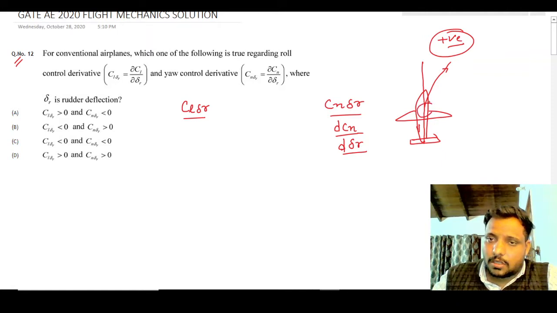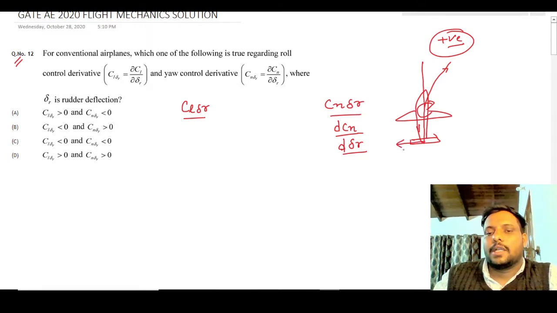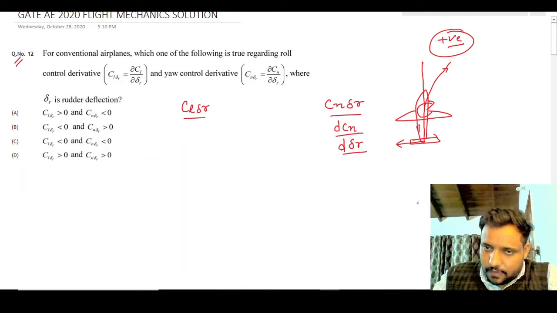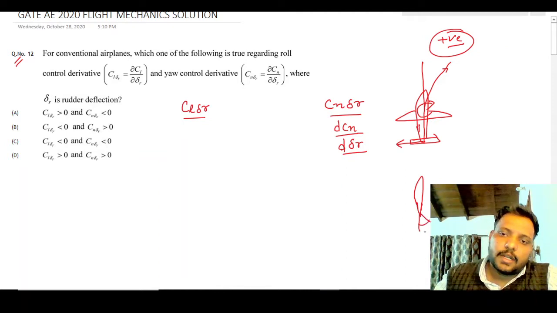So this will be the yawing moment to move the airplane in this direction. To generate this yawing moment, there will be a side force in this direction. Okay, so side force in this direction, if let's say I take the top view of this rudder, this kind of side force will be generated when the rudder is deflected in negative direction. So this is negative as per sign convention, this is taken as positive as per sign convention.